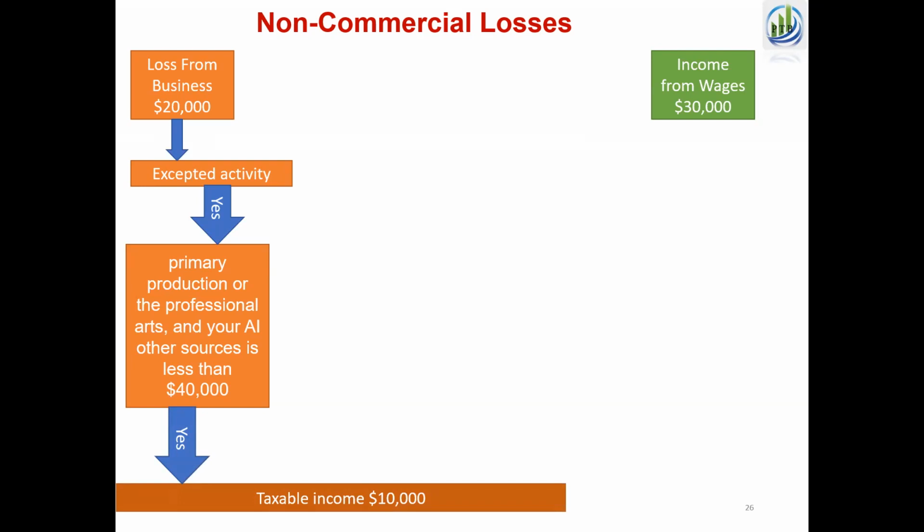In that case, you can offset your loss against that other income and say the new taxable income is $10,000. I think you understand now. So, very importantly, you must make sure the industry is primary production or professional arts, and at the same time your other income should be $40,000 or less.